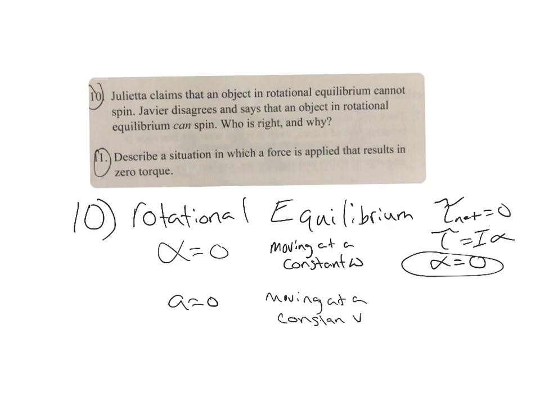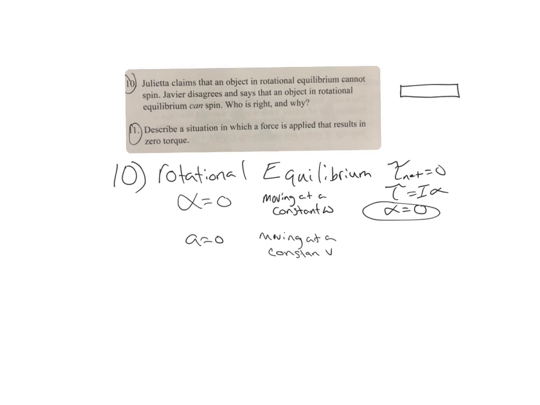And then number 11, describe a situation in which the force is applied that results in 0 torque. Basically, there's two ways that you can do it. Let's say that we are applying a force. This is the axis of rotation. If I apply a force to the axis of rotation, there's no torque being provided. The torque would be 0.